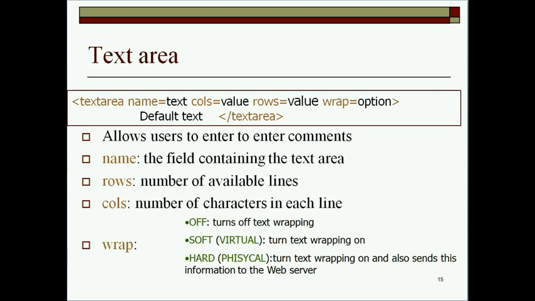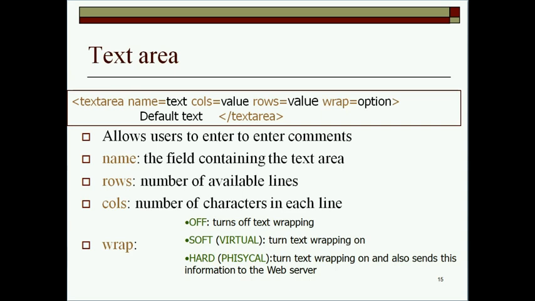The rows and the columns specify the size, and the wrap specifies whether the text will be breaking off and wrapping up. So off will turn off text wrapping, text will not be wrapping, and you would need to scroll to see it, unless of course the user provides hard line breaking keystrokes.